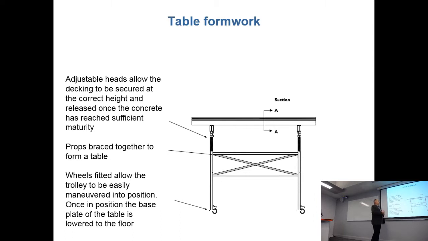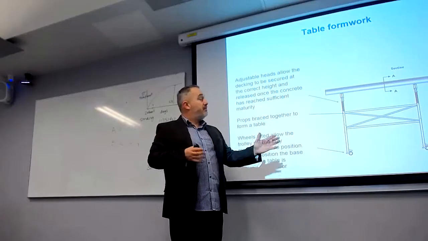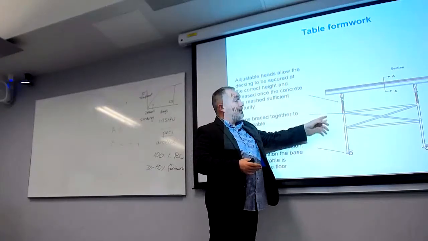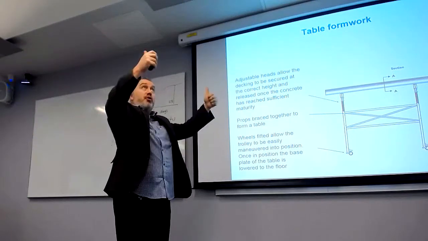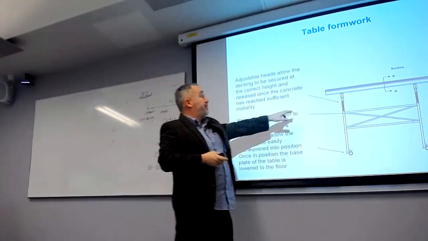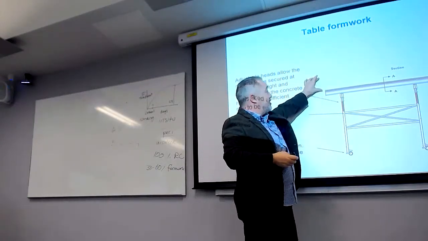Another technique is table formwork, where they put together formwork in a table shape, wheel it into place, push it up to the correct height, then cast the concrete.